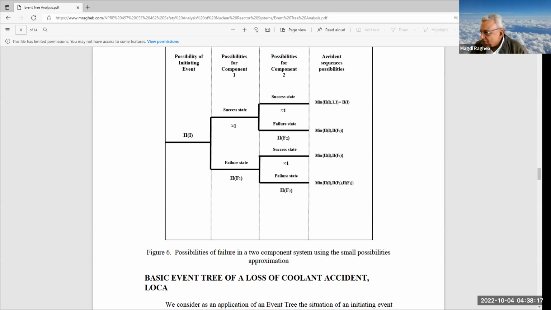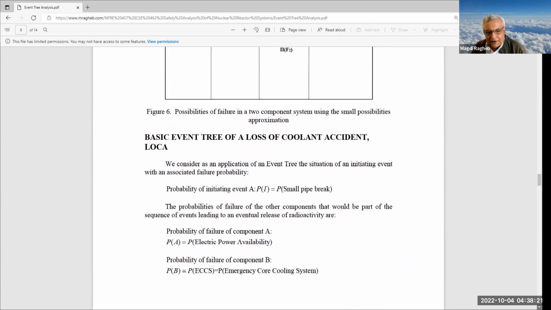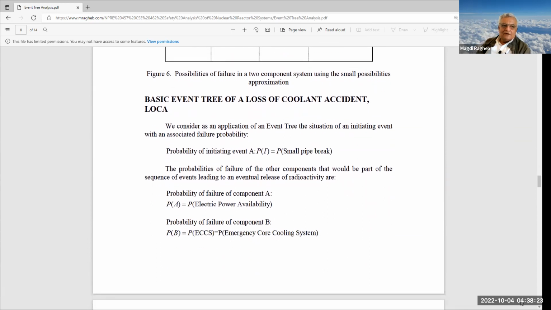So let us take as an example a typical accident that happens in nuclear power plants. We call this the loss of coolant accident. That loss of coolant accident happened in the 3 Mile Island accident. It happened in the Chernobyl accident. And it happened also in the Fukushima accident.